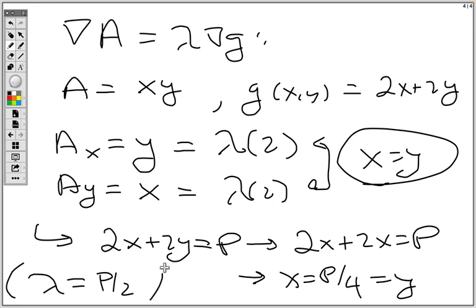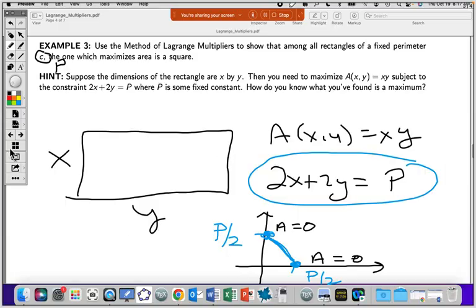And how would we know that this is a maximum? Well, we can go back to our diagram here. And we have A equals 0 at these points. The only other critical point we would get would be at p over 4, p over 4. That would be p squared over 16. And whatever that is, that's certainly going to be a positive number, so it's bigger than the other two. Okay?